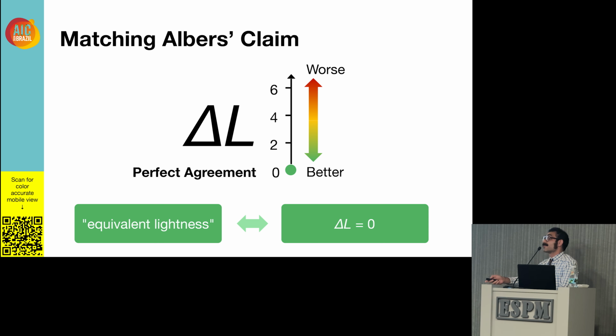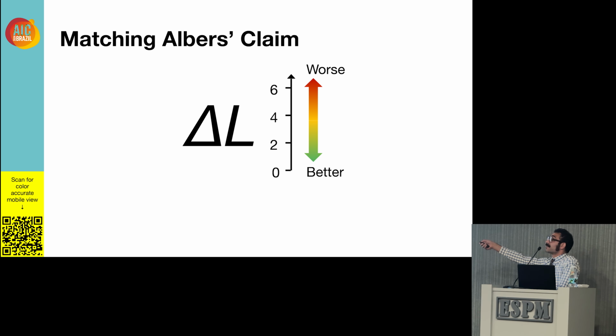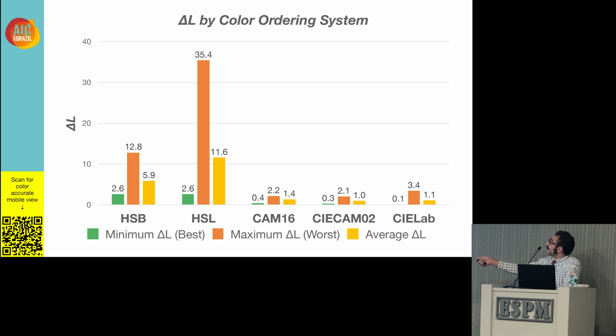The higher the number, the worse it's performing. Just remember that: high numbers are bad, low numbers are good. When we evaluate the color systems across the board, with the green ones being their best performing cases, the orange ones being their absolute worst performing cases, and yellow being average, we see something pretty cool happening.